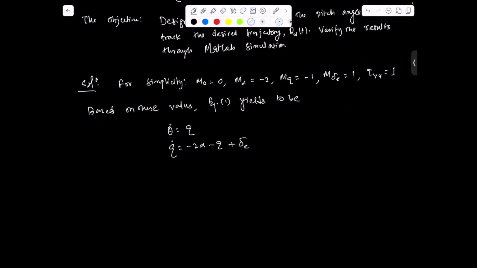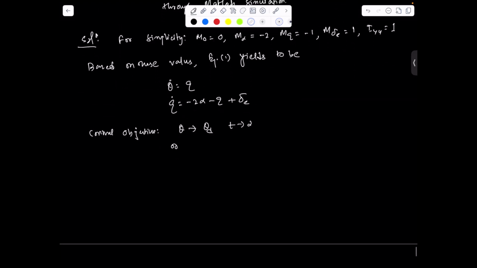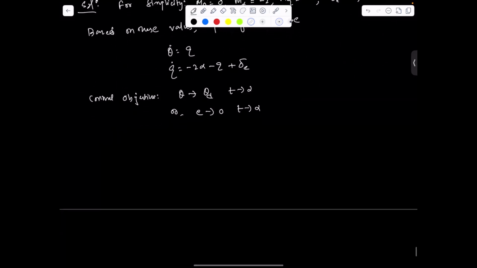So delta E is the control for this system, and our control objective is for theta to track theta d as t tends to infinity, or we can say the error goes to 0 as t tends to infinity, right? Here the error you can define as theta minus theta d.